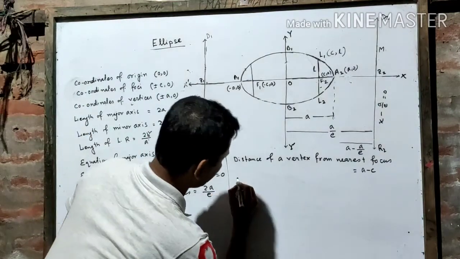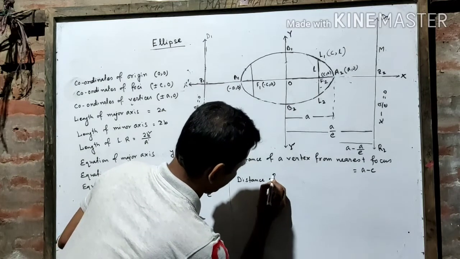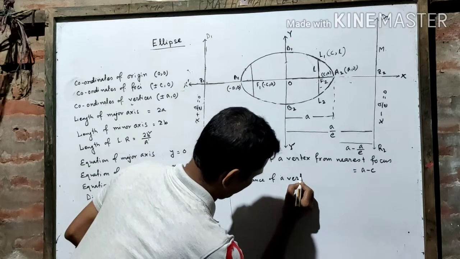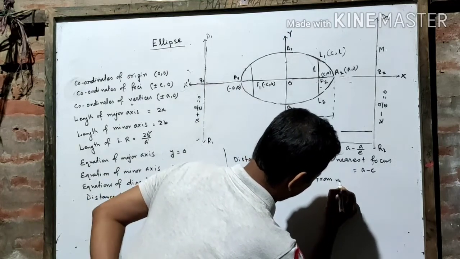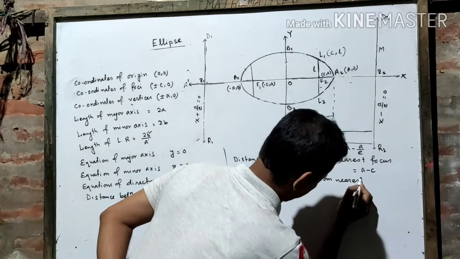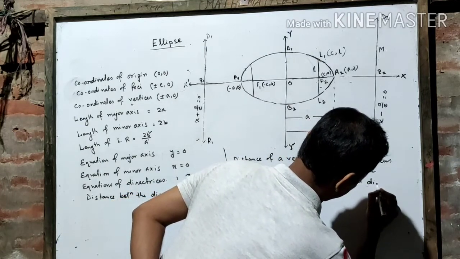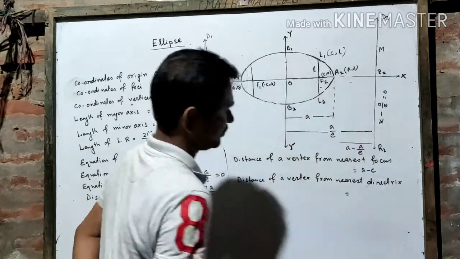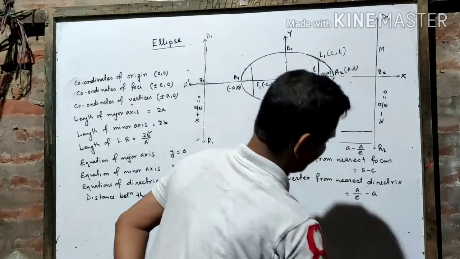Then distance of a vertex from nearest directrix is equal to a by e minus a.